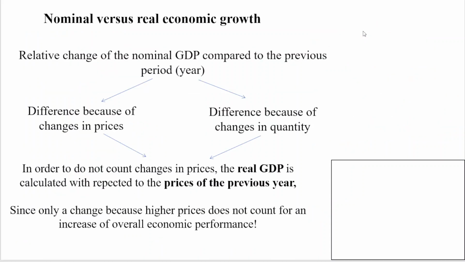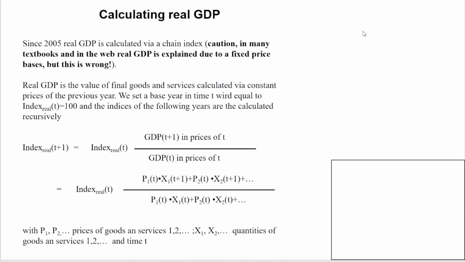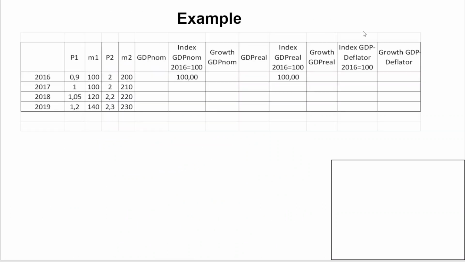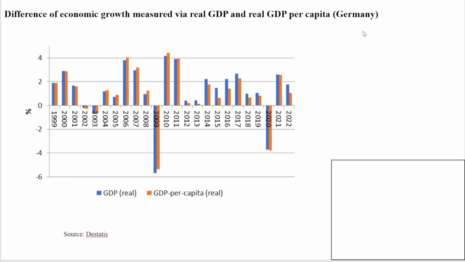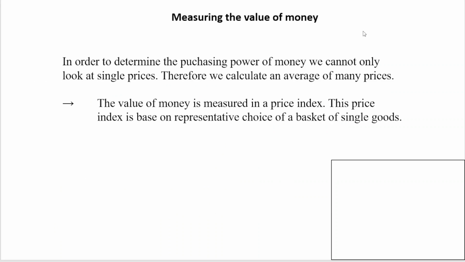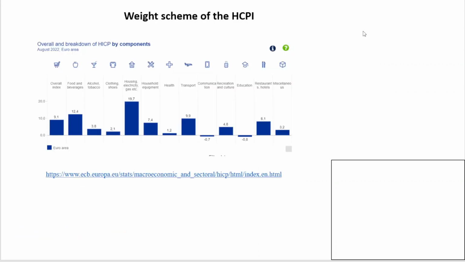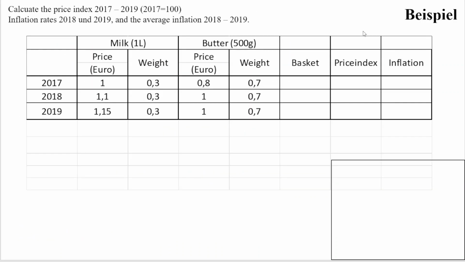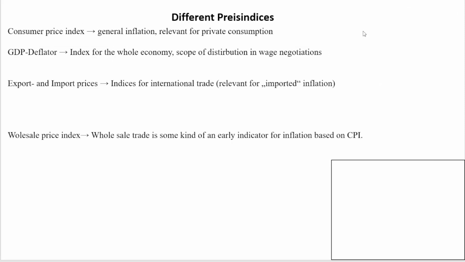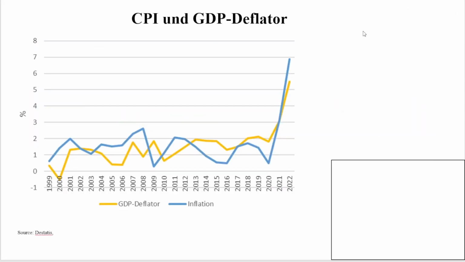Okay, about real and nominal growth, we have talked in the last lectures, also when we talked about inflation rate, the example we did today, the difference between CPI and GDP deflator. This is again labor market, money, labor supply.